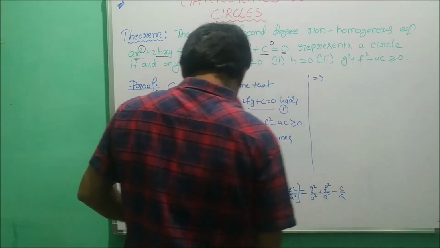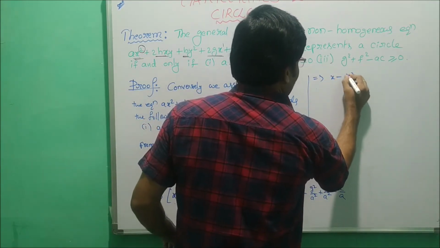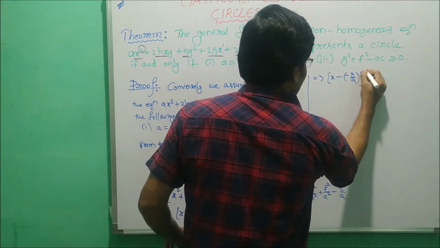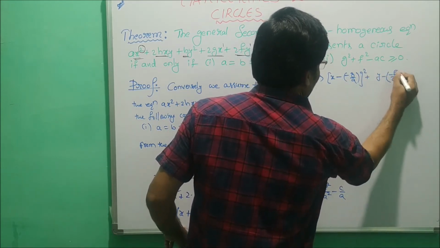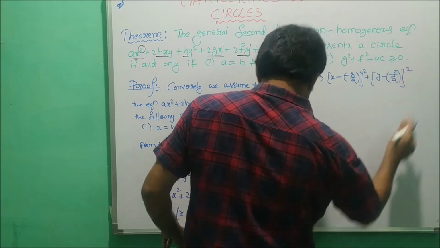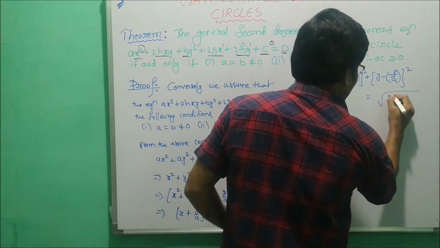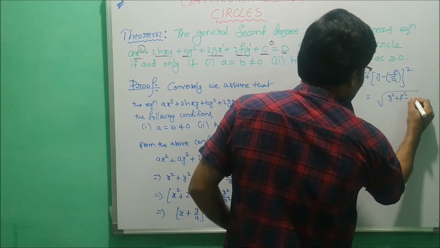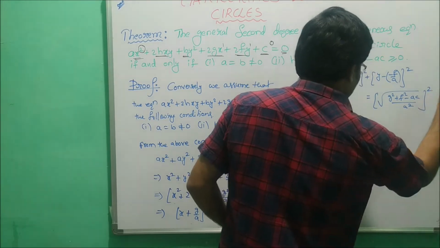Now here we write (x − (−g/a))² + (y − (−f/a))² = (√(g² + f² − ac)/a)².